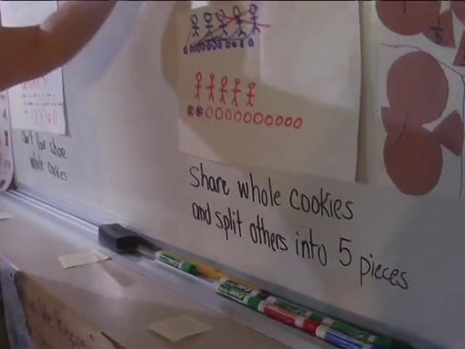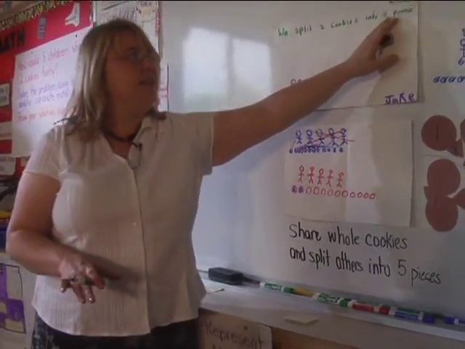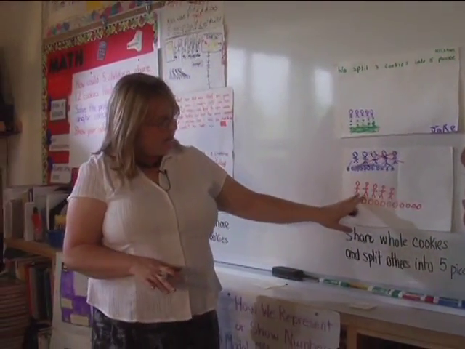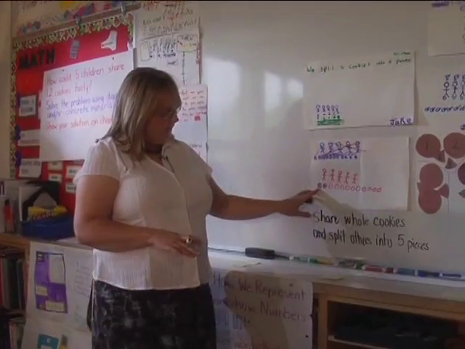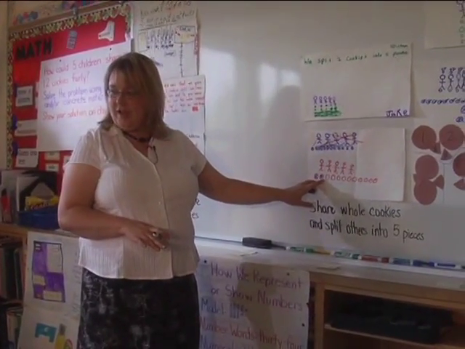And I think that that's shown in here. We split 2 cookies into 5 pieces. And again, this group here had their cookies and they split those 2 extra ones into 5 pieces.